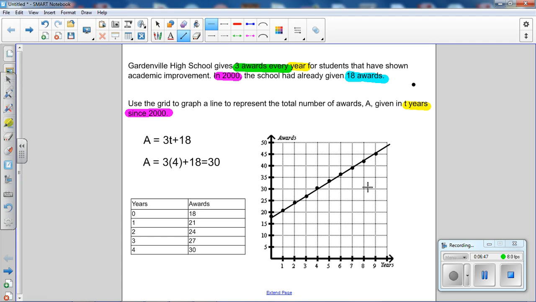What we did was create an equation, create a table, and then plot the points. The key part is understanding that in year 0 it was at 18. So the first point should be at 18, then simply go up 3 each time and plot a point. This concludes this video, and you will have practice problems on it.